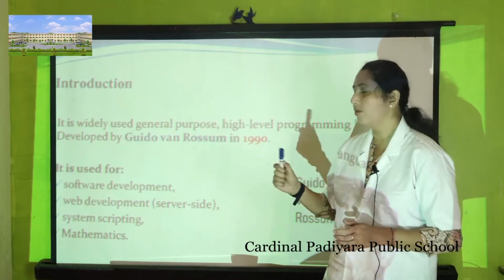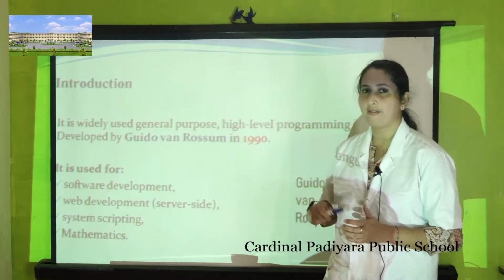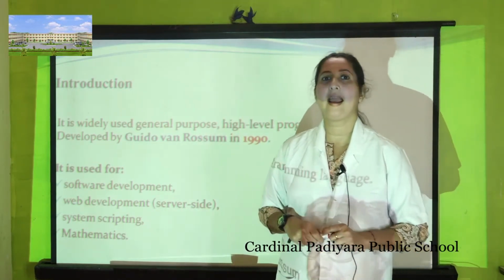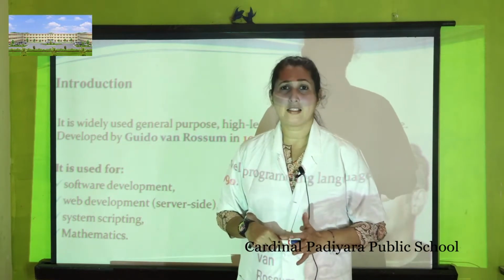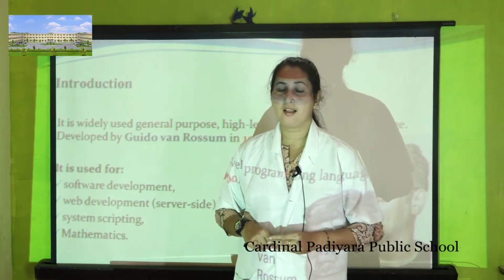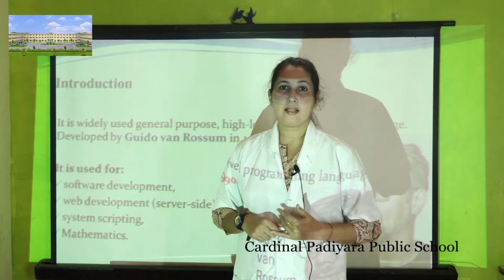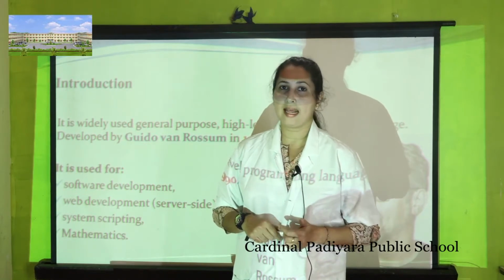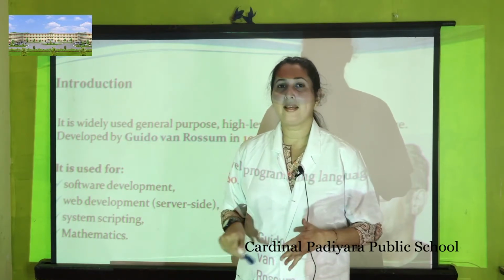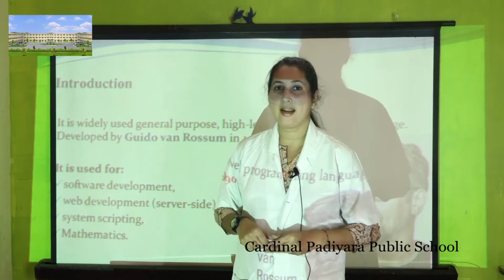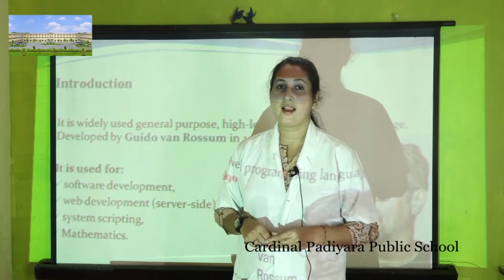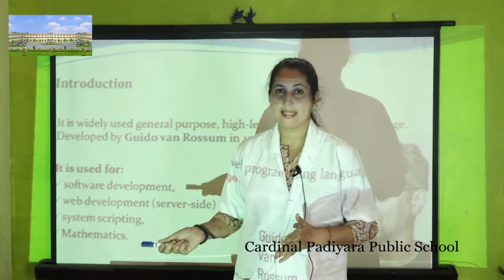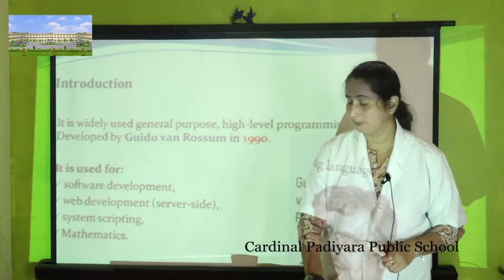It is used for software development, web development, that is client server side web, system scripting, and mathematics. It is very simple, so all programmers nowadays use this language. Beginners and developers can easily understand it because the syntax is very simple.